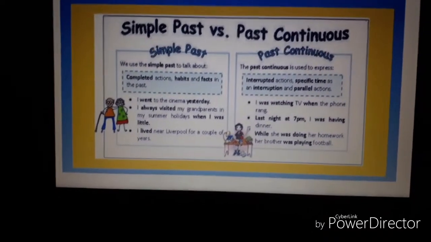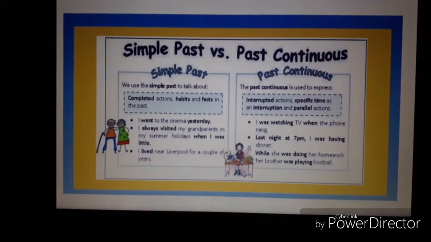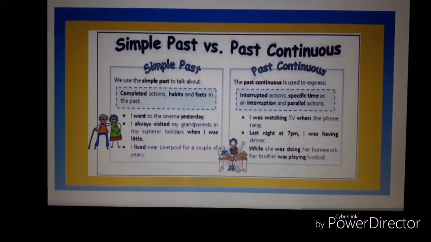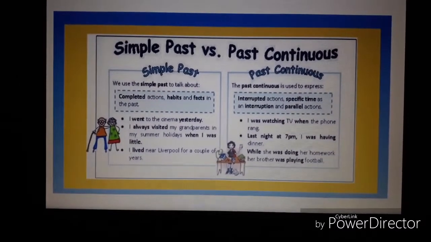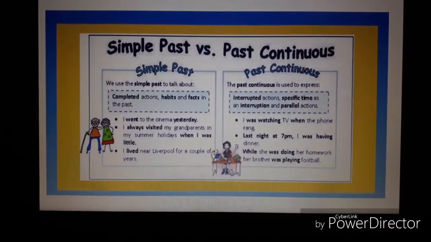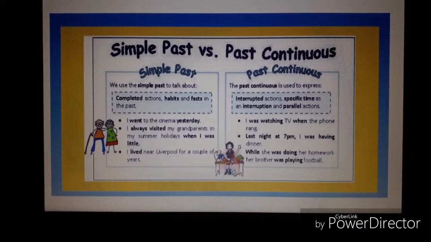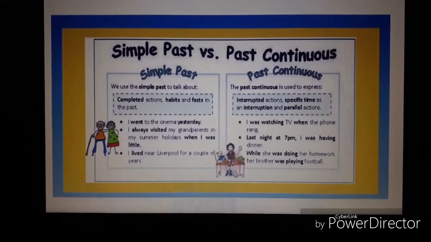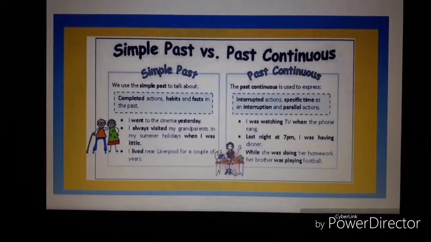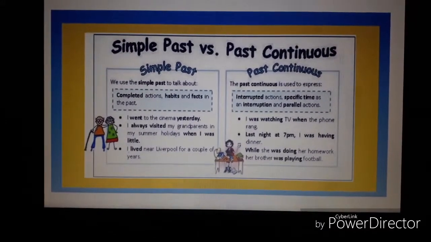So in past simple, we talked about completed actions, habits, and facts in the past that already finished. And in past continuous, we talked about interrupted actions. We specified the time, and sometimes two things happen in the same moment, simultaneously.